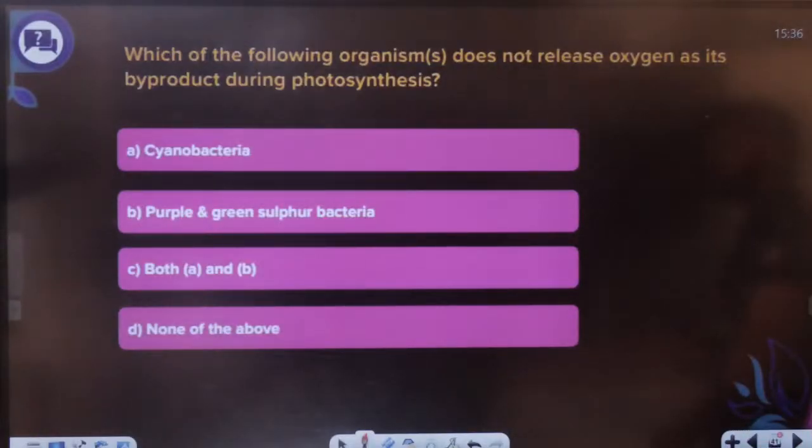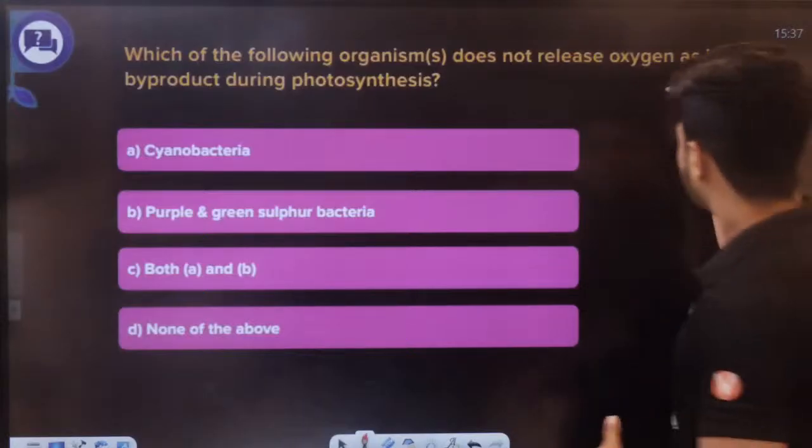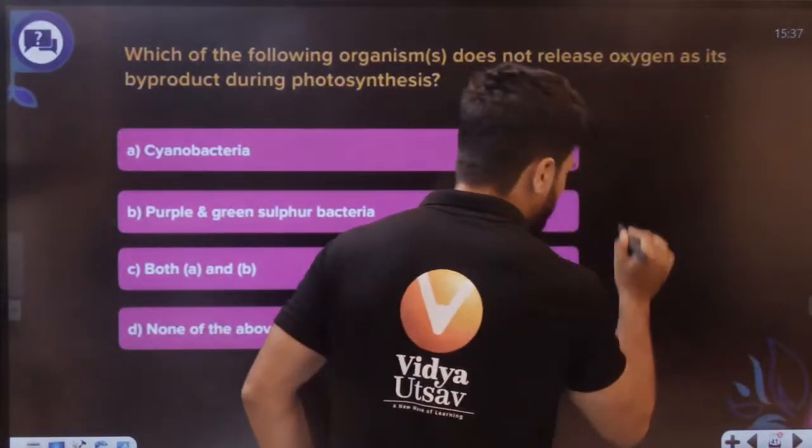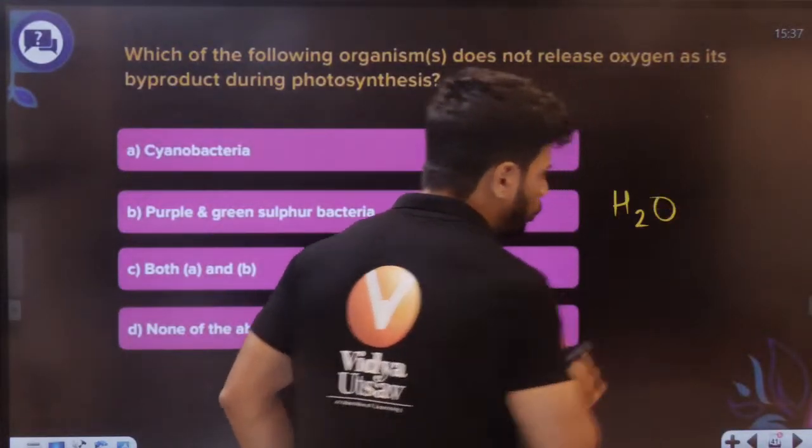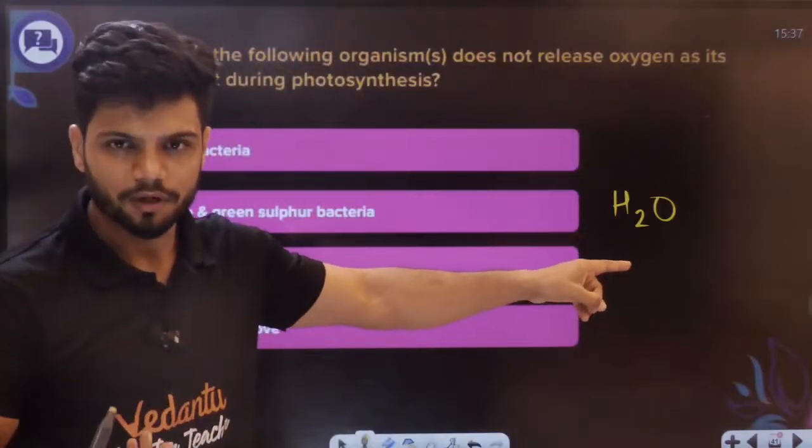Which of the following organisms does not release oxygen as its byproduct during photosynthesis? It will release sulfur actually. It will release sulfur as a byproduct because normally in the case of plants, water is used as a hydrogen donor.